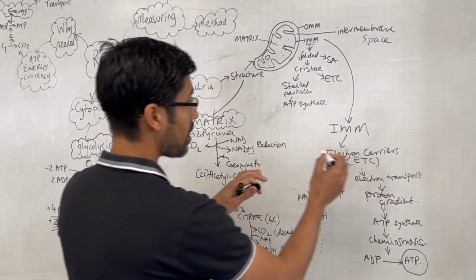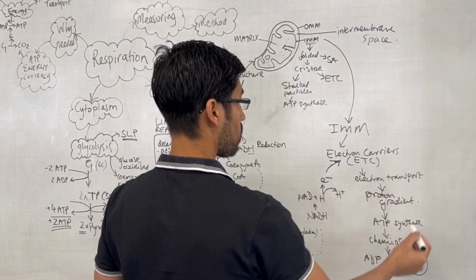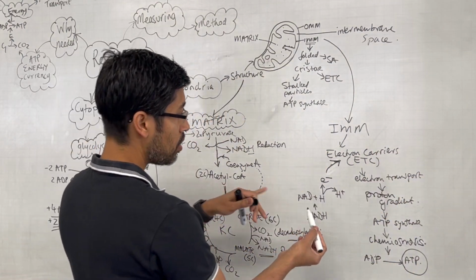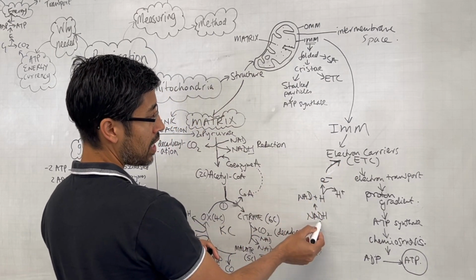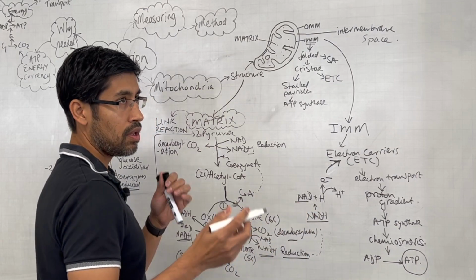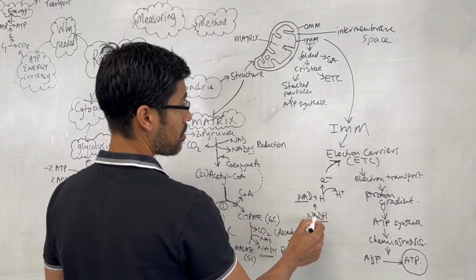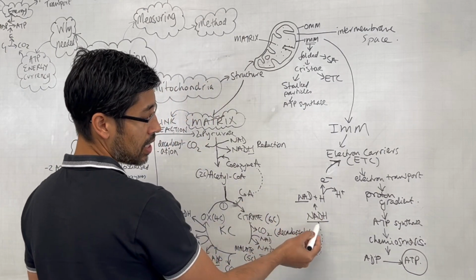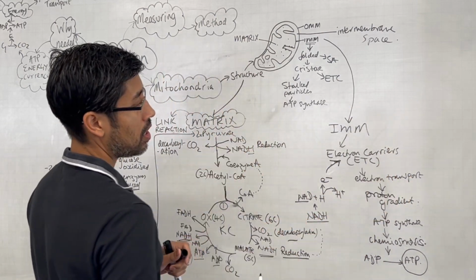Okay, and this whole thing is known as oxidative phosphorylation. Oxidative because the electron carriers are allowing the NAD to go from its reduced form to its normal form, or oxidized form if you want to call it that. So we're oxidizing the NAD, but we are phosphorylating.